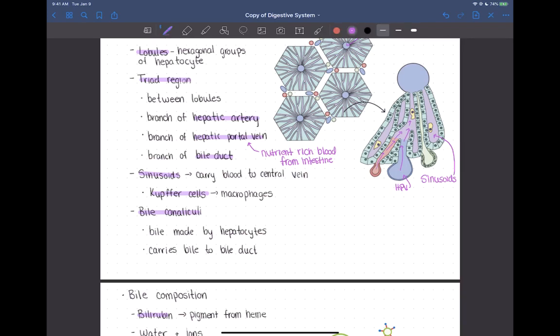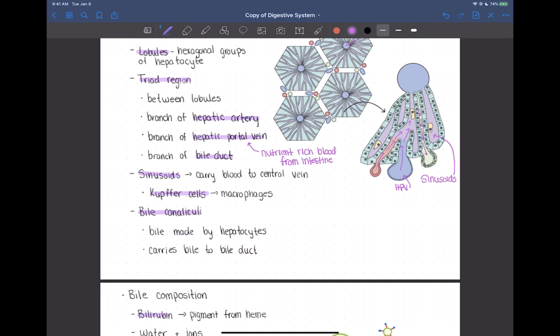All right, so we know we have blood moving through the sinusoids, but the liver is also making bile. The same cells, these hepatocytes, also make bile. That bile is going to be secreted into these little tiny green rivers called bile canaliculi.